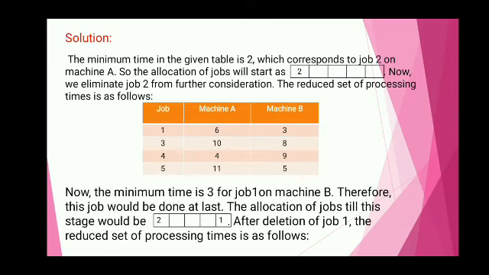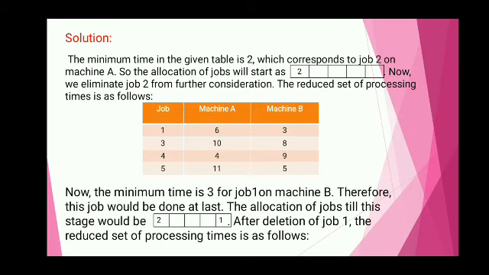If we apply Johnson's algorithm, the minimum time in the table is 2, which corresponds to job 2 on machine A, so the allocation of jobs will start with 2. Now we eliminate job 2 from further consideration, and the reduced set of processing times is as follows.